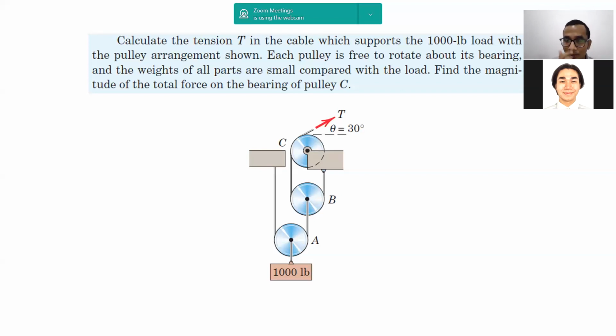Ada yang mau membantu saya untuk mengerjakan permasalahan ini? Silakan.